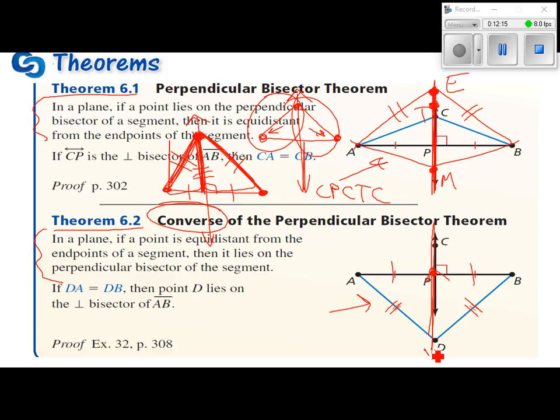So it just turns it around. Instead of knowing you had a perpendicular bisector, it's saying A and B are equidistant from P and D, then those two points have to make up the perpendicular bisector.